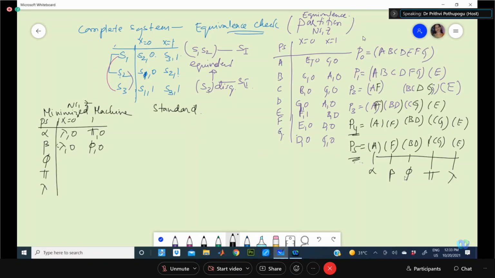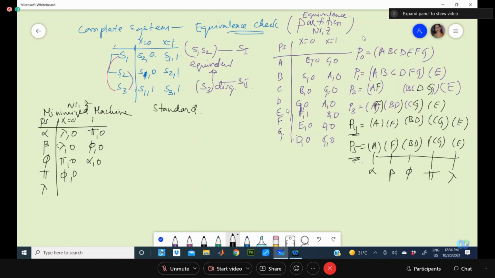Next, BD. BD is going to CG. CG is phi of 0. BD goes to A, alpha. Next, CG. C and G goes to BD. BD is phi of 0. Next, BD goes to CG.